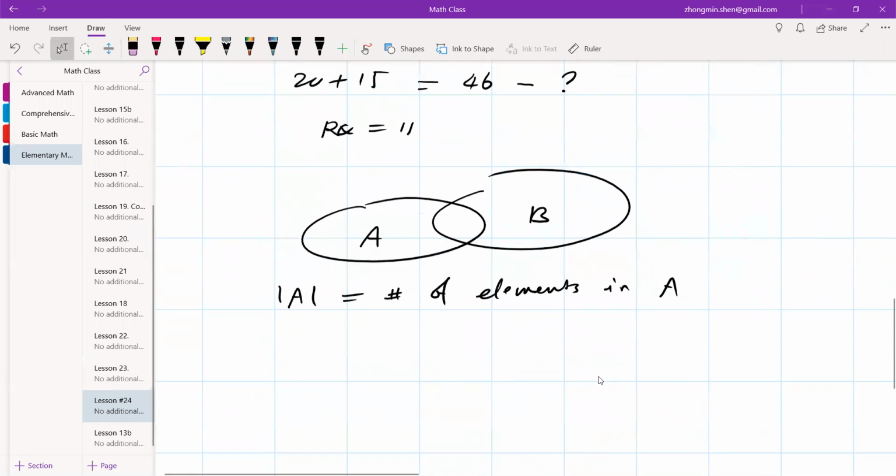Okay, so here's a question. There are 24 students in a class.